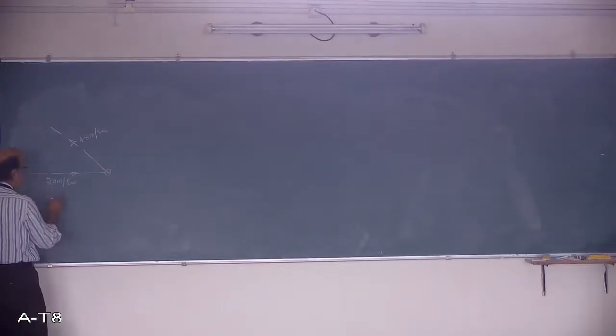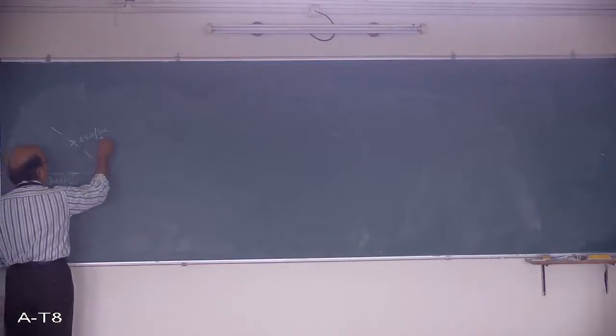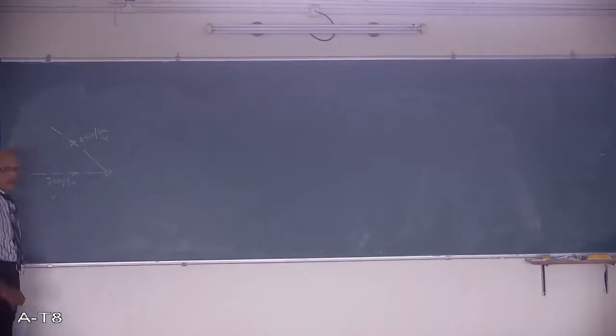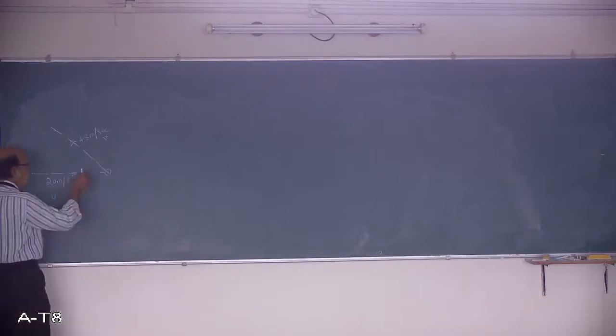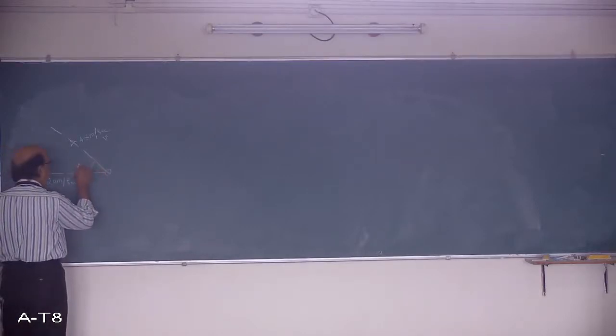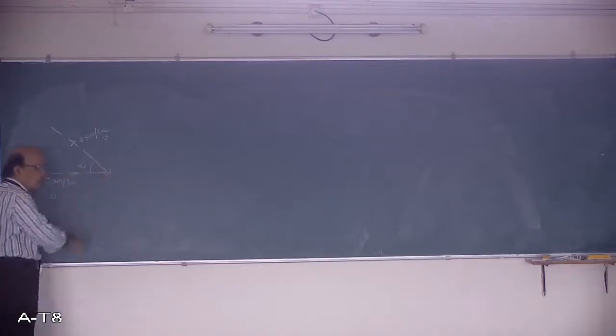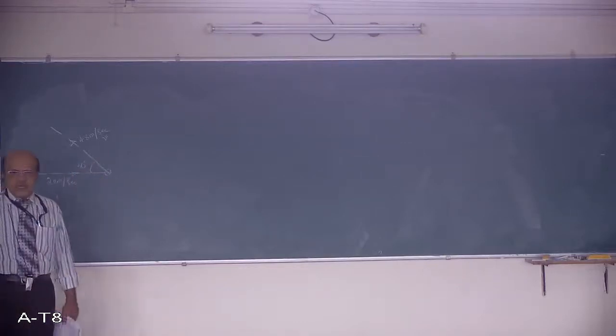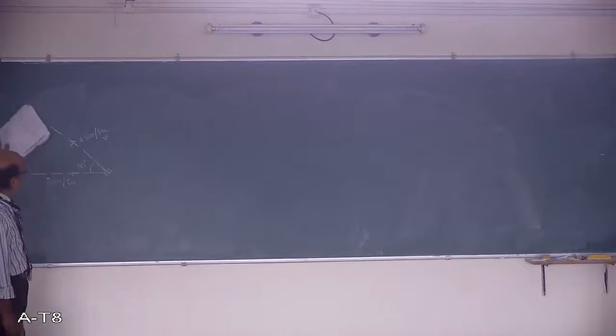This is the initial velocity and this is the final velocity with which it bounces back in that direction. This angle it makes is 30 degrees. When the ball hits the bat, it hits in an inclined position and it moves with 48 meters per second in this direction.